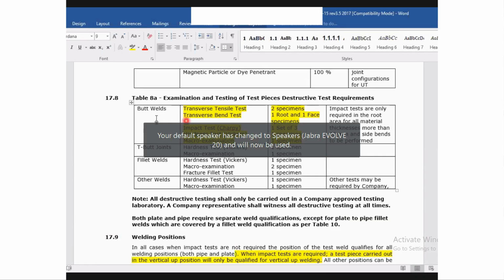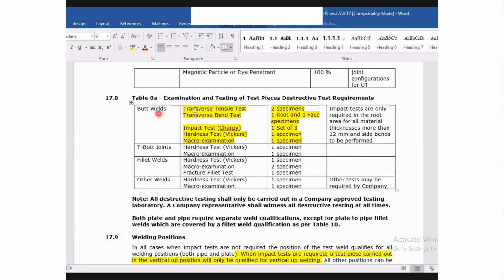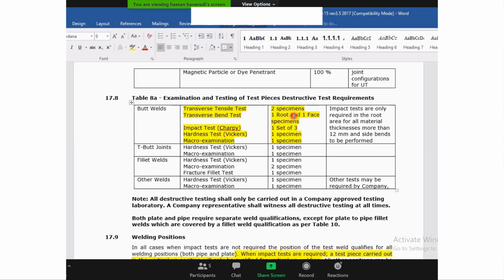All right, so for part 12 here: transverse tensile test, specimen; transverse bend, 1 root, 1 face, because the thickness is 12 and below, 10 mm. So that's why we got 1 root, 1 face.